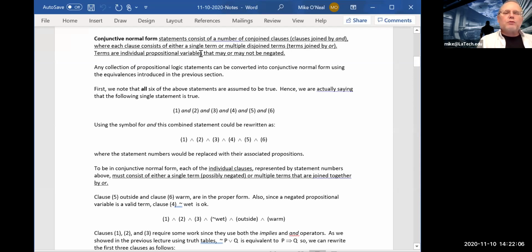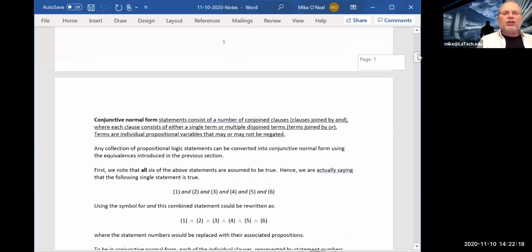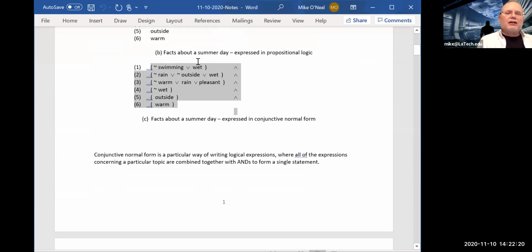Terms are either individual propositional variables or individual propositional variables that have been negated. So you can have negation, but it can't be over multiple things. You can't have a whole expression negated. The only things that can be negated are individual propositional variables.